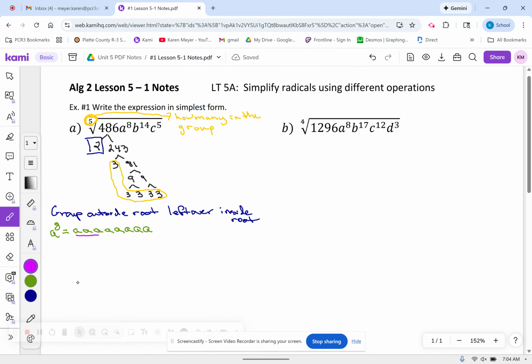I can get 1 set of 5. And how many leftovers do I have? I have 1, 2, and 3 leftovers. So I get to put 1 a on the outside, and I have 3 a's left on the inside. Or you could think of it as, how many times does 5 go into 8? It goes into 8 one time, and then you would have 3 left over.